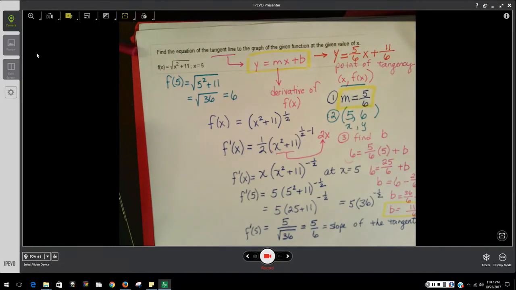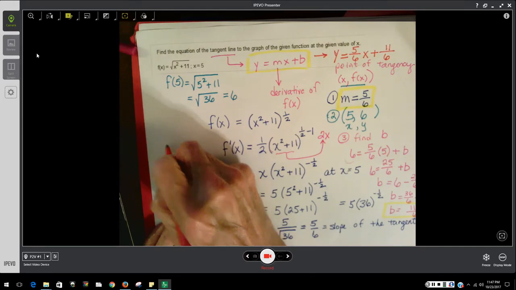Now, if you would like, even though it's not necessary, you can change that to standard form by multiplying everything by 6.